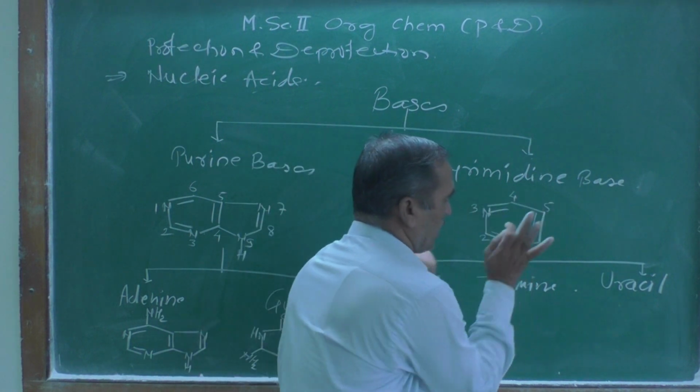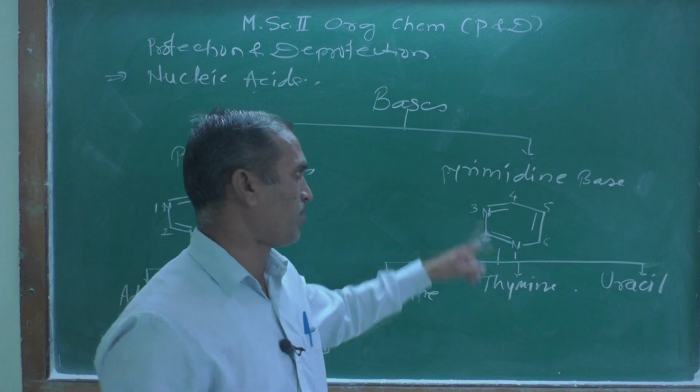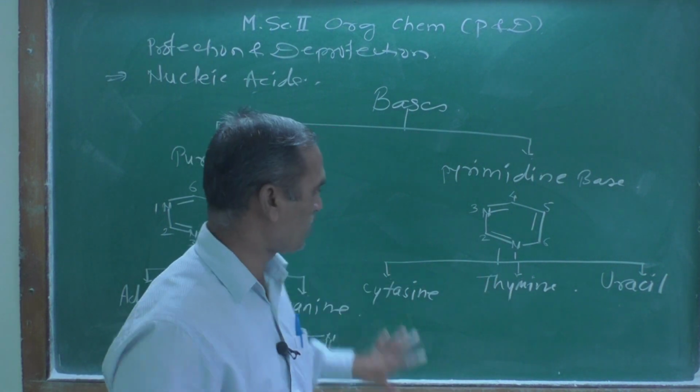The skeleton remains as it is, a 6-membered ring, and nitrogen atoms at 1-3 position, that you have to remember.